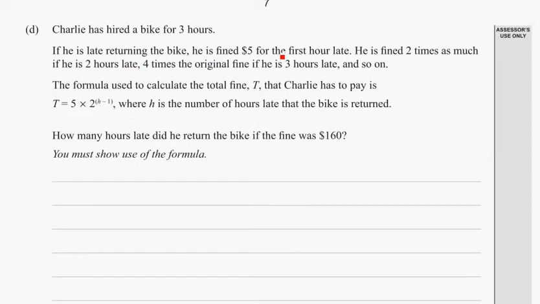Right, if he's late returning his bike, he's fined $5 for the first hour late. If he's 2 hours late, he's fined twice as much. If he's 3 hours late, he's fined 4 times the original amount.